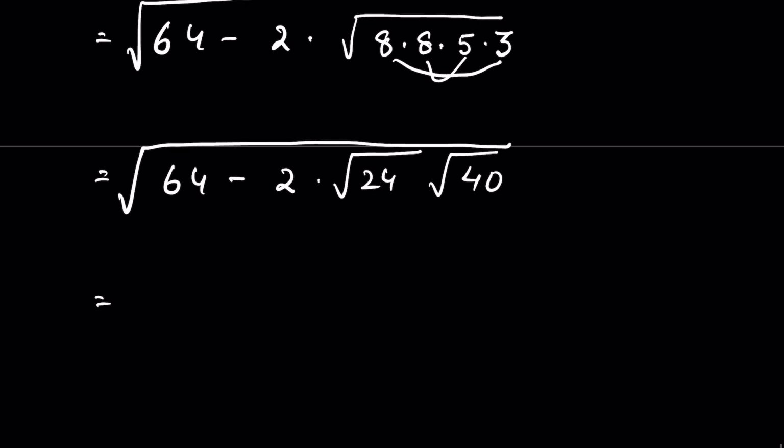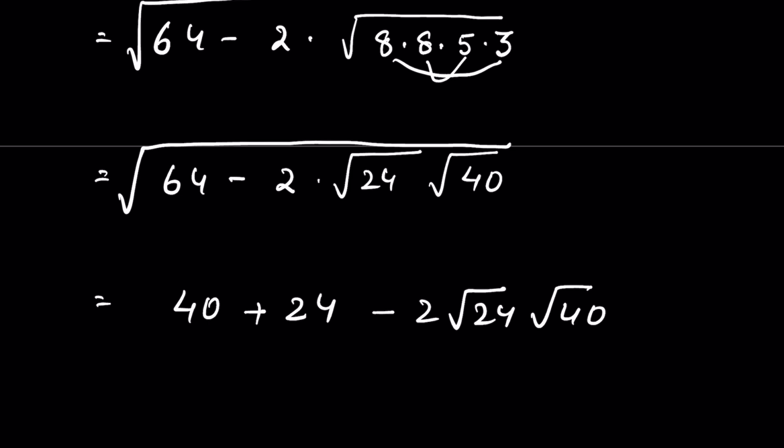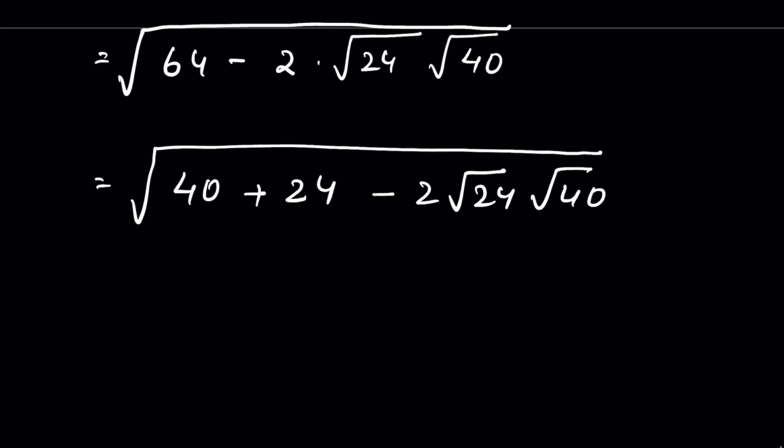Now 64 we can write as 40 plus 24 minus 2 times square root of 24 times square root of 40, under square root. Again 40 we can write as square root of 40 square and 24 as square root of 24 square.